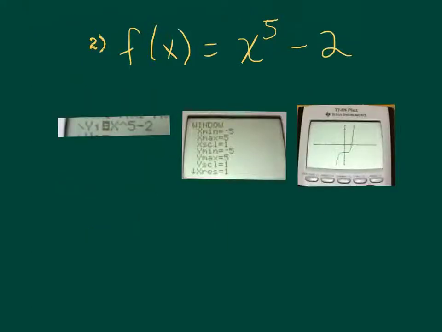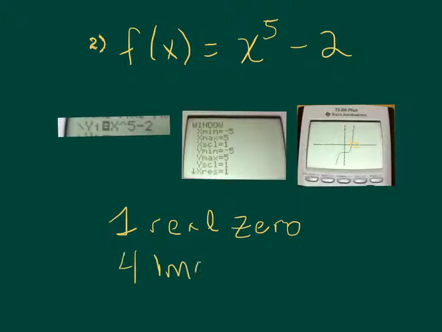This x to the 5th. Very much like the other one, we have 1 x-intercept, which means 1 real zero, but since it's a 5th degree function, it has to have a maximum of 5 zeros, and so this is going to be 4 imaginary.